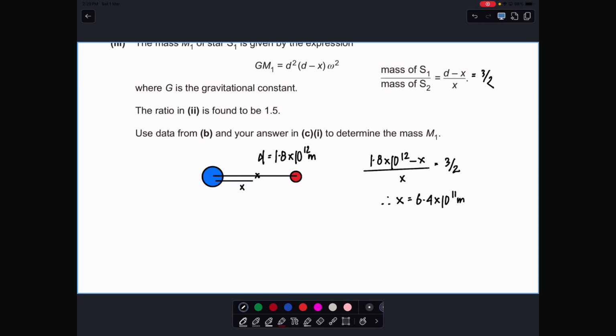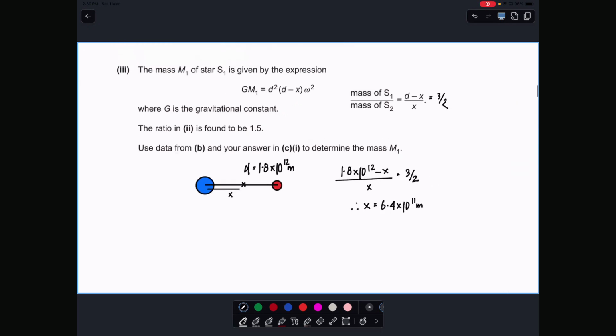What's the problem? I can help. Two variables in your equation. Acha. So yes, you have x as a distance. So x has come. What do I need to find? M1. So I know x, I know D, I know omega, I know G. So I think just putting everything in will do it, there's nothing else.